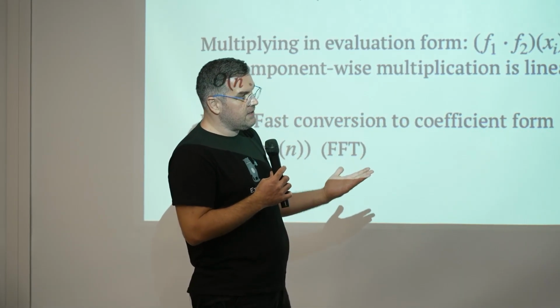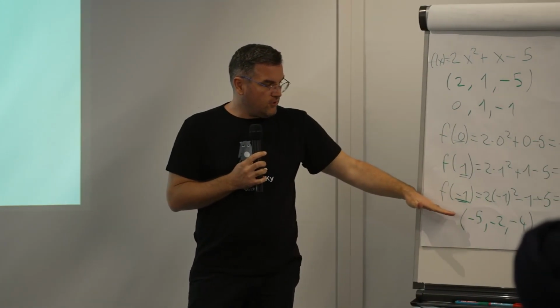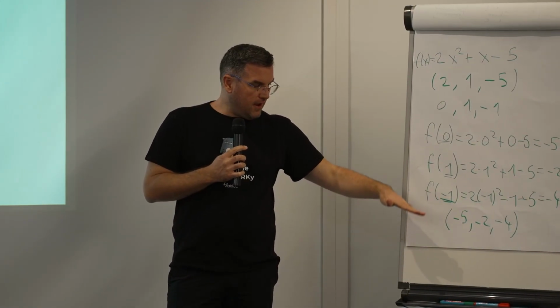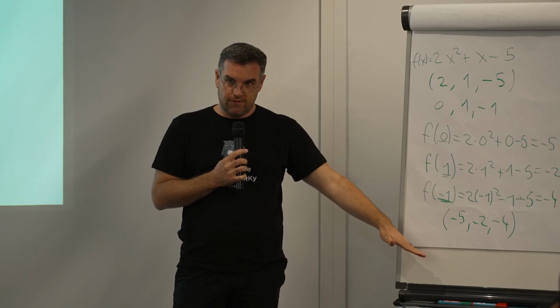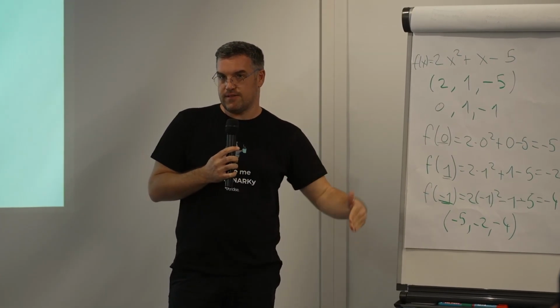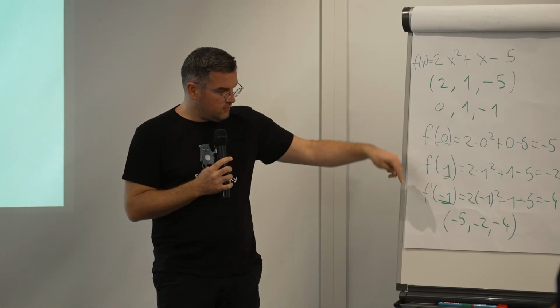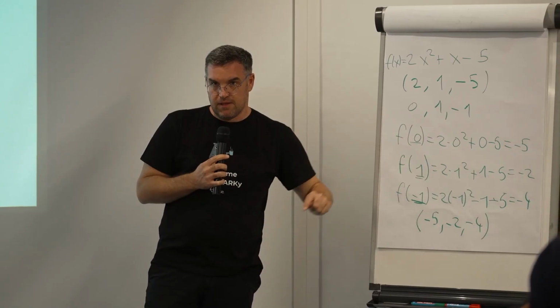So basically it means once you represent your polynomials in evaluation form, if I have given two evaluation forms of two different polynomials, and I ask, I take the product, what is the evaluation form of the product? All you have to do is component-wise multiplication.